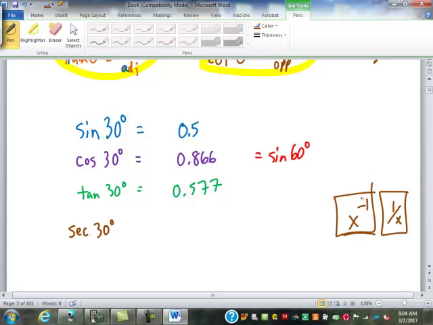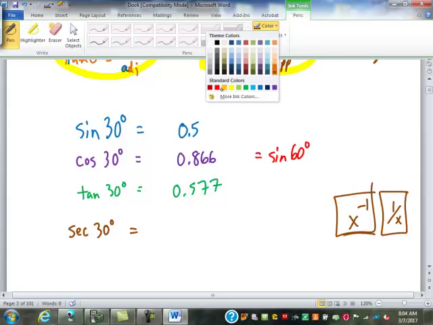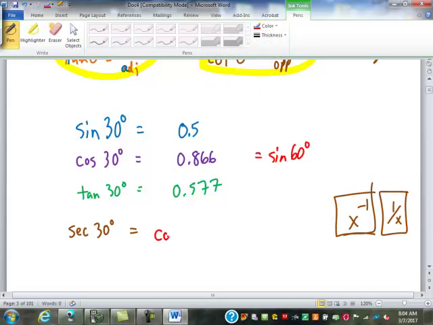So to find the secant of 30 degrees, you find cosine of 30 and hit equals. Then you hit that reciprocal key, x negative 1, and hit equals. I believe it's like 1.15.